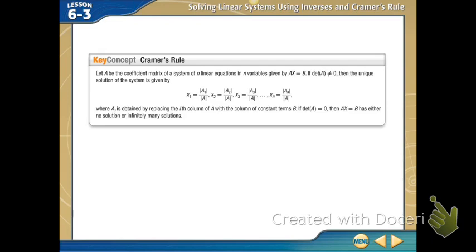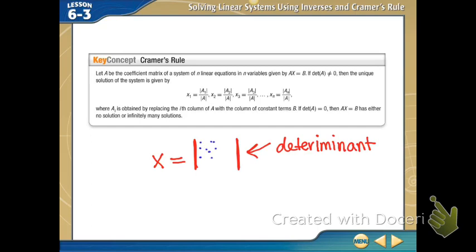And essentially what Cramer's rule is doing, and it's a little bit hard to see this, but when it says x is equal to, and then it has these two straight lines right here, these straight lines are the notation for find the determinant. So I'm finding the determinant of my matrix, and I'm putting in all the coefficients of the matrix here, but I'm replacing the column that solves for x with the answers to all the equations.